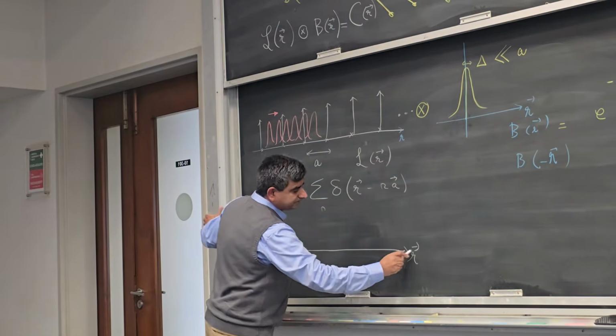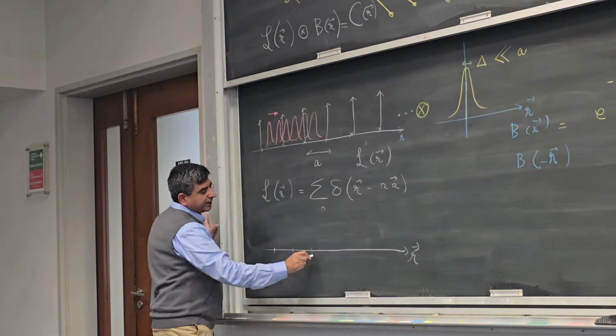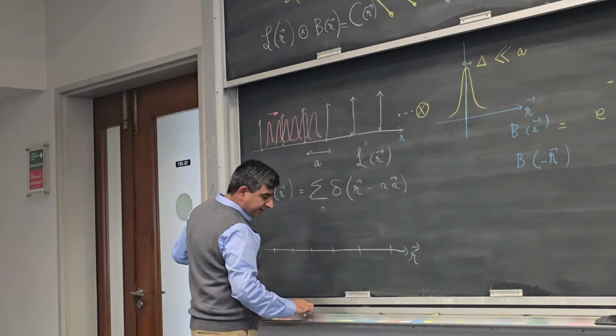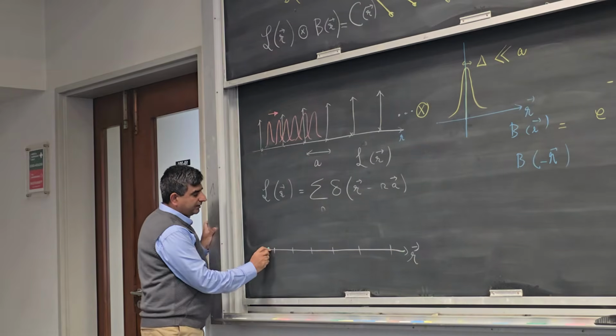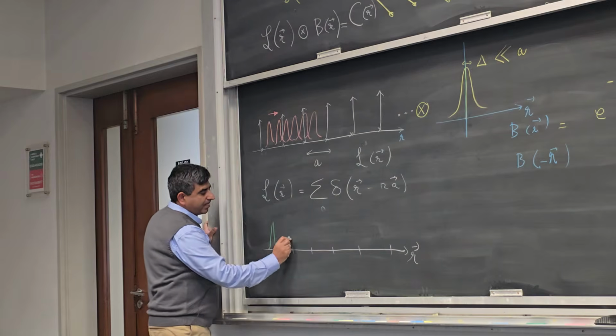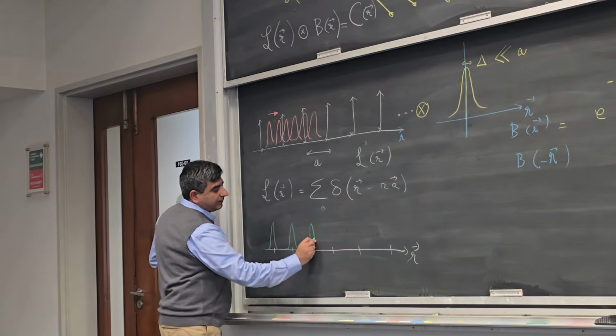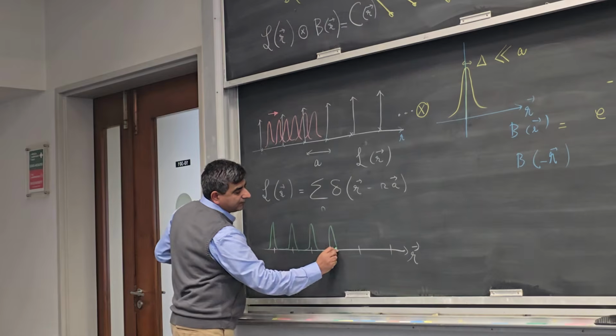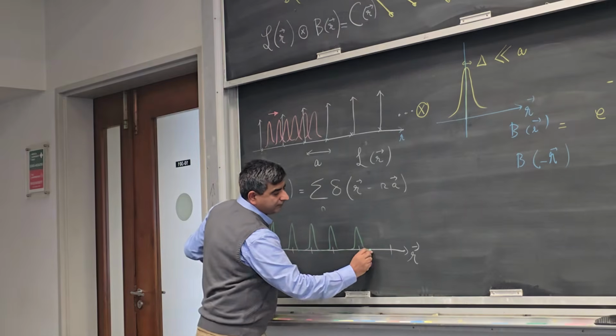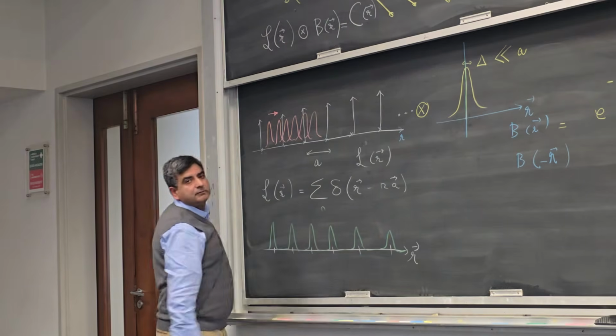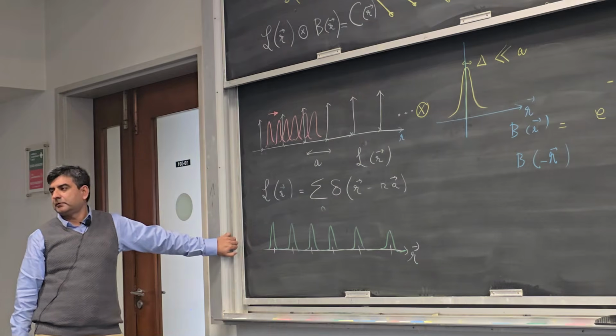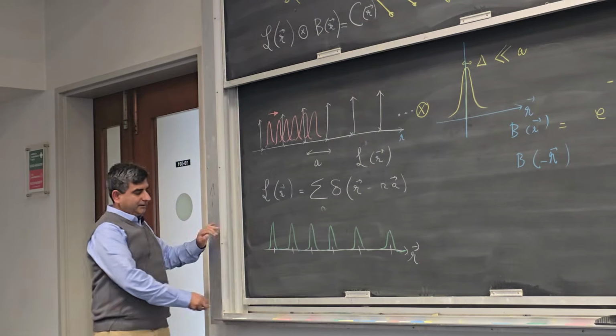These are the locations of my Dirac delta functions in the original function, and I'll be left with this. Okay?